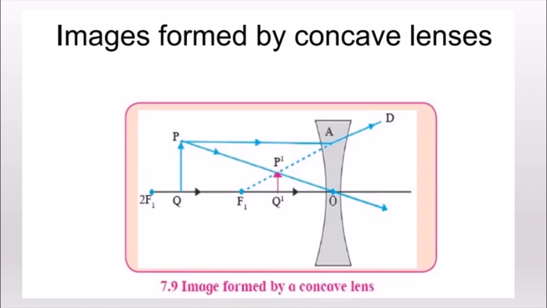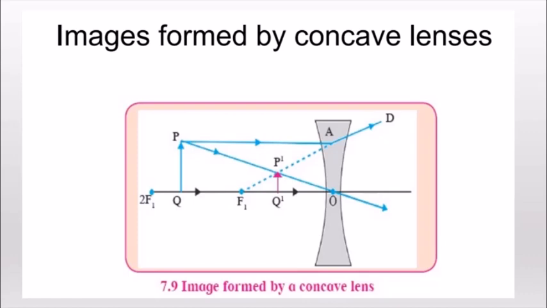If we extend AD backwards, it appears to come from F1. The incident ray PO starting from P and passing through O goes along the same direction after refraction, and PO will intersect the extended ray AF1 at P1, that is P dash.